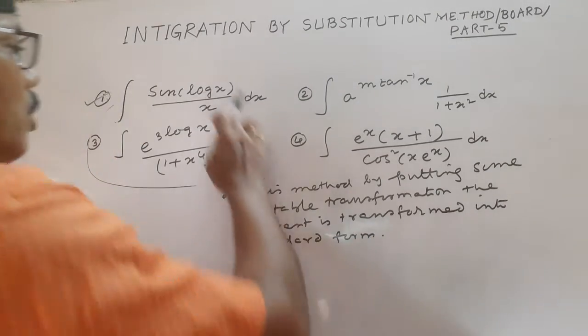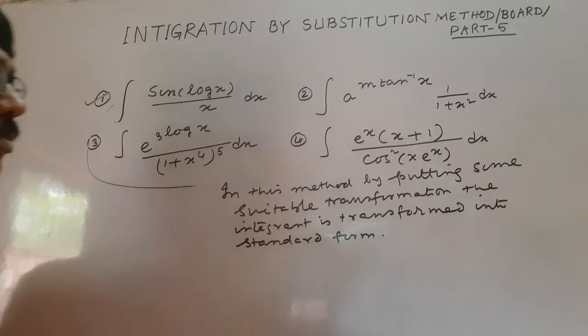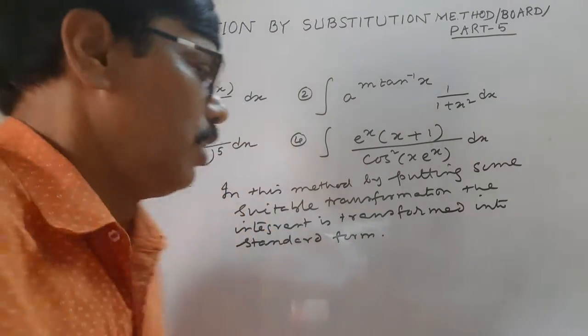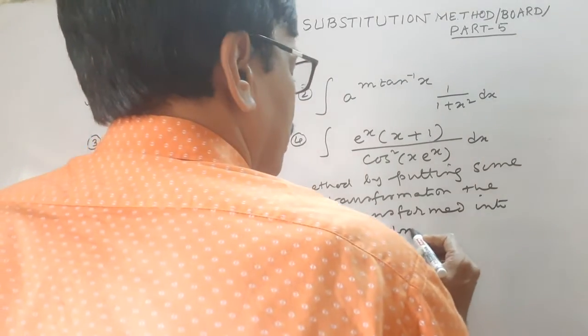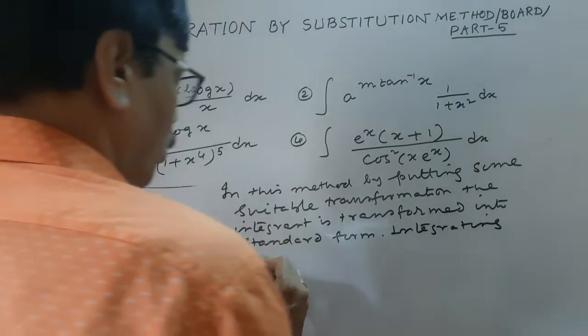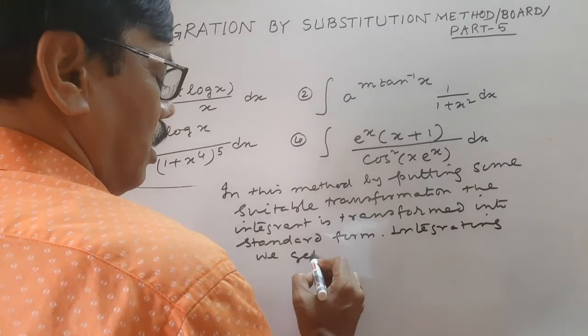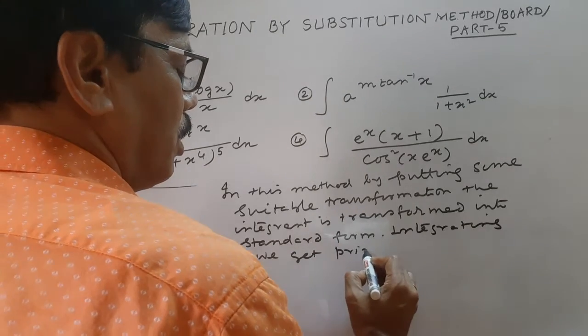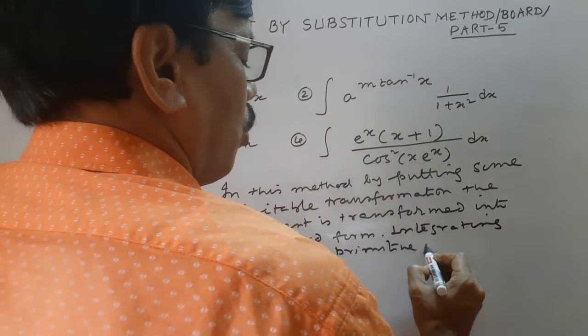What is standard form? The previous problem, sin z dz. Then integrating, we get the primitive or integral.